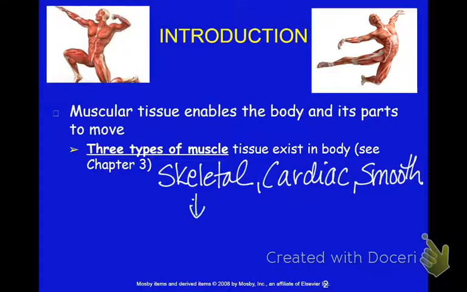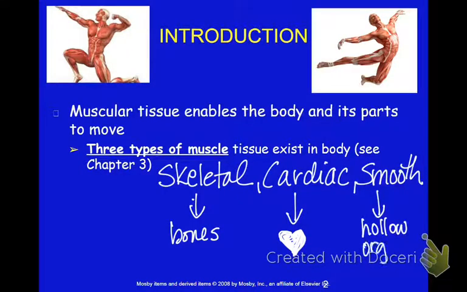Okay? Skeletal muscle is connected to our bones and allows for movement. Cardiac is only found in the heart. And then smooth muscle is associated with all hollow organs in our body, like your stomach, the bladder, the trachea, the uterus.